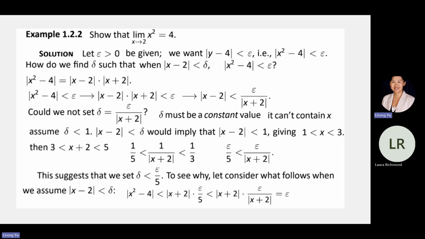So now we have to relax our requirement on the x. We study what could be the lower boundary for the x plus 2. That's why we started thinking about x plus 2's boundary. The rest is trying to derive a way to handle the x plus 2. So that's the logic behind it.